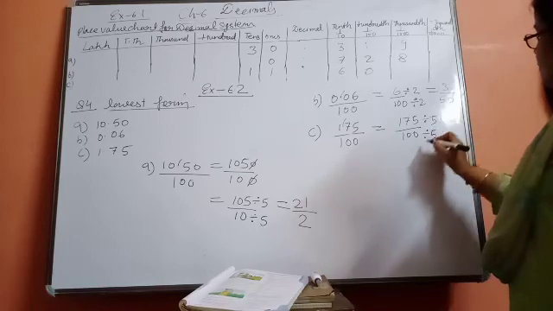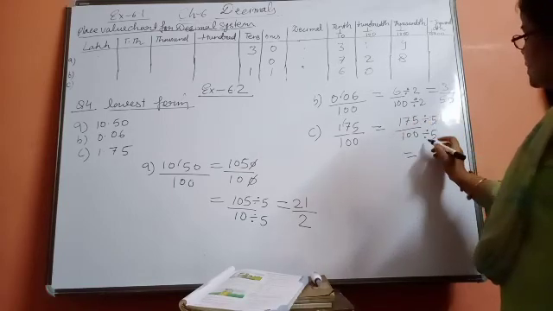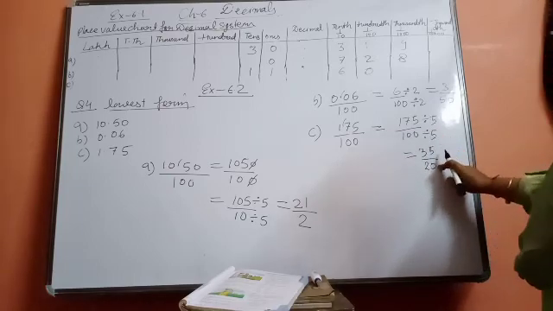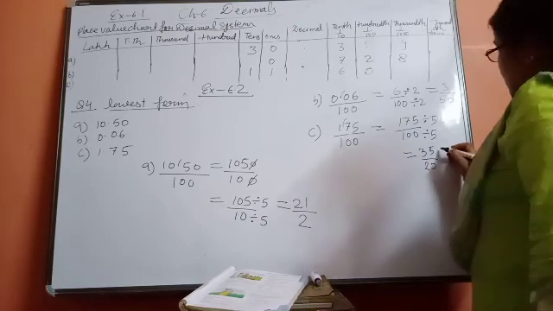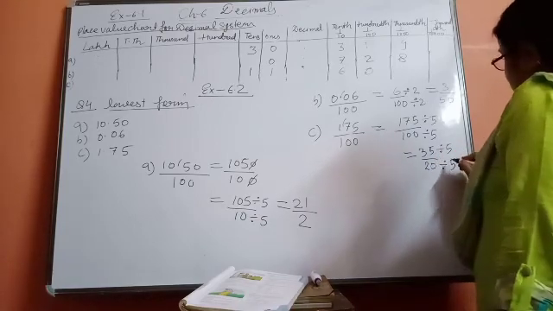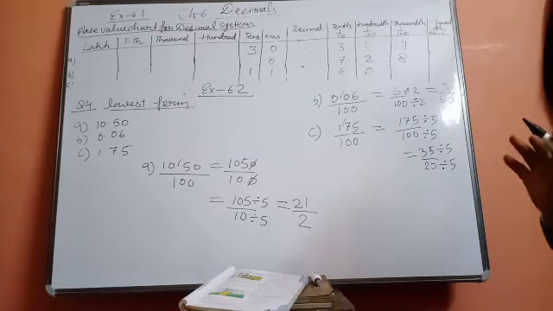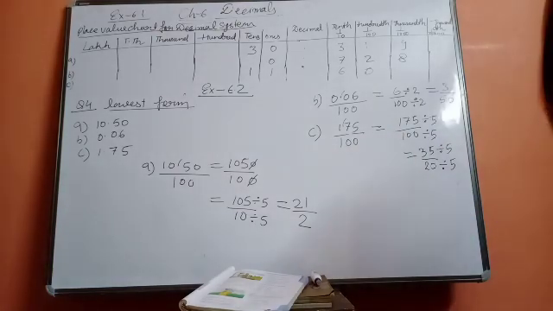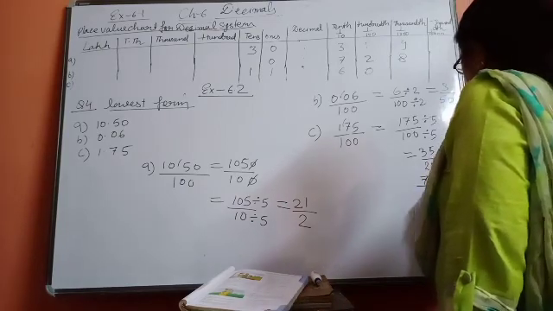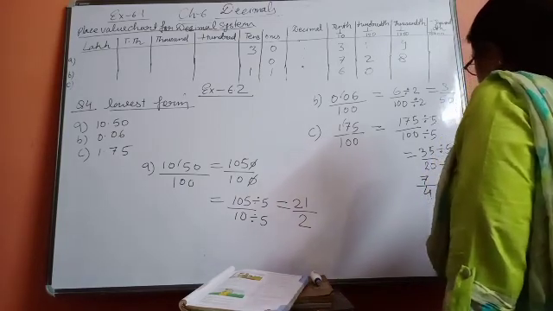So what will you get? 5 3s are 15, 5 5s are 25, and here 5 2s are 10 or 0. Still both numbers are divisible by 5. So divide them one more time by 5, because we have to write the lowest term as far as possible. So 5 7s are 35 and 5 4s are 20. So this will be your answer.